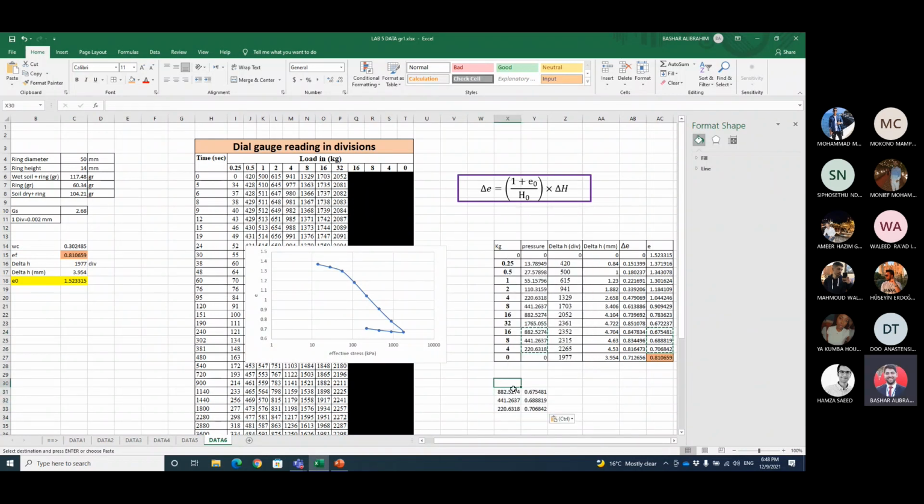This is the load, the pressure, and this is the corresponding void ratio. Okay, but we need to find the log of the pressure. Log pressure.